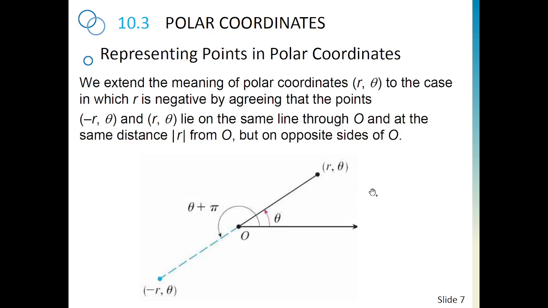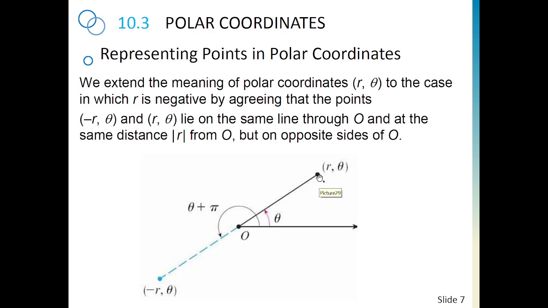Another interesting thing: for a given point, we have r, the distance between the point and the origin, and the angle theta that the ray makes with the x-axis. What we can also do, and this is a convention that will be very useful, is use minus r. So what happens with minus r? We have the point here.